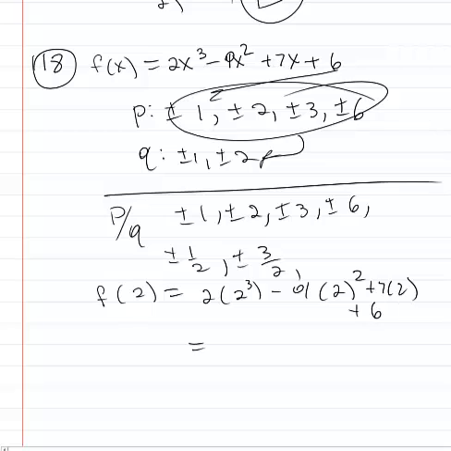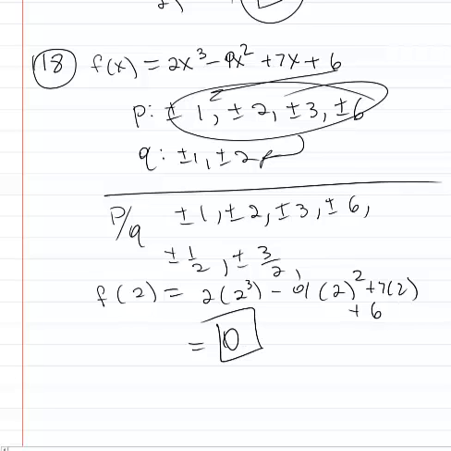Okay, and then that gives us 2 times 8 minus 9 times 4 plus 7 times 2 plus 6. I put the wrong thing. 0. Okay, good, perfect. So 2 is the root.